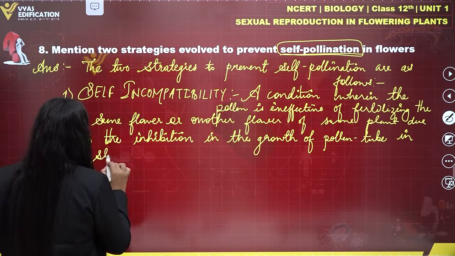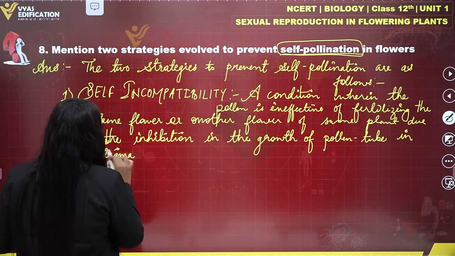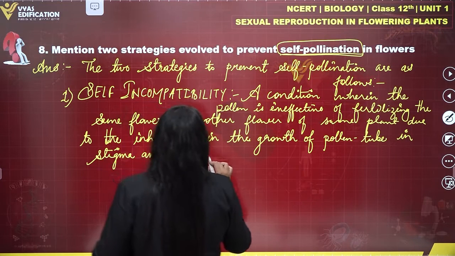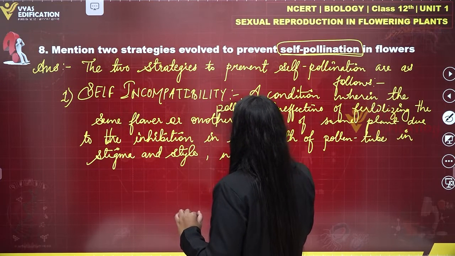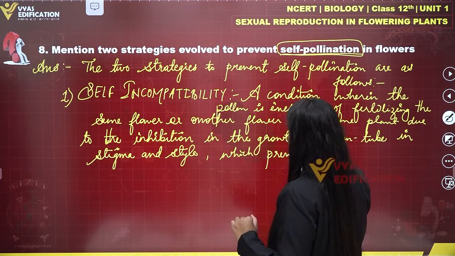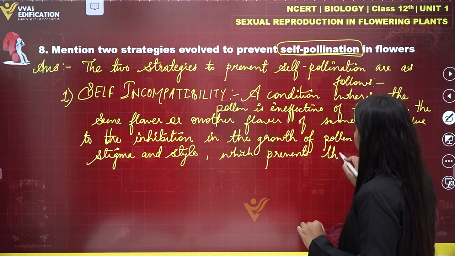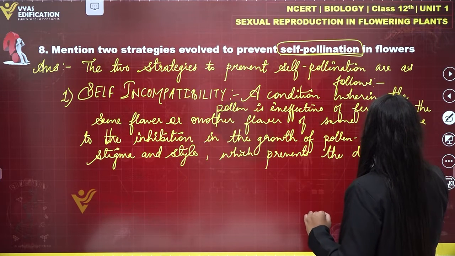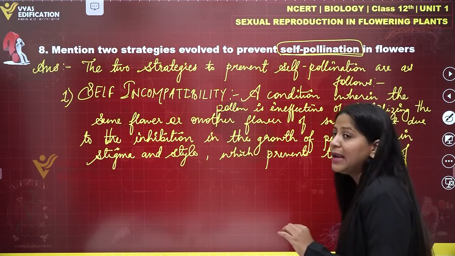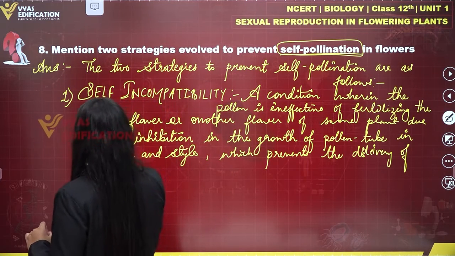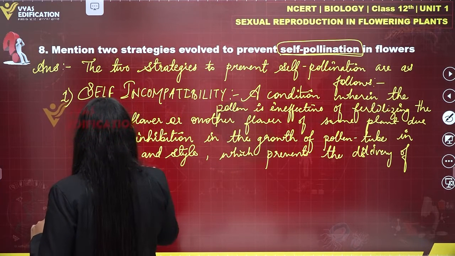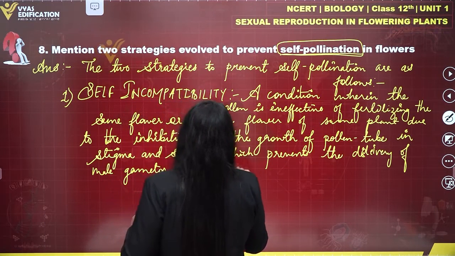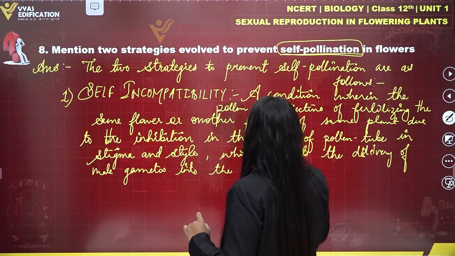Pollen tube in stigma and style, which prevents the delivery of male gametes into the embryo sac or ovule.